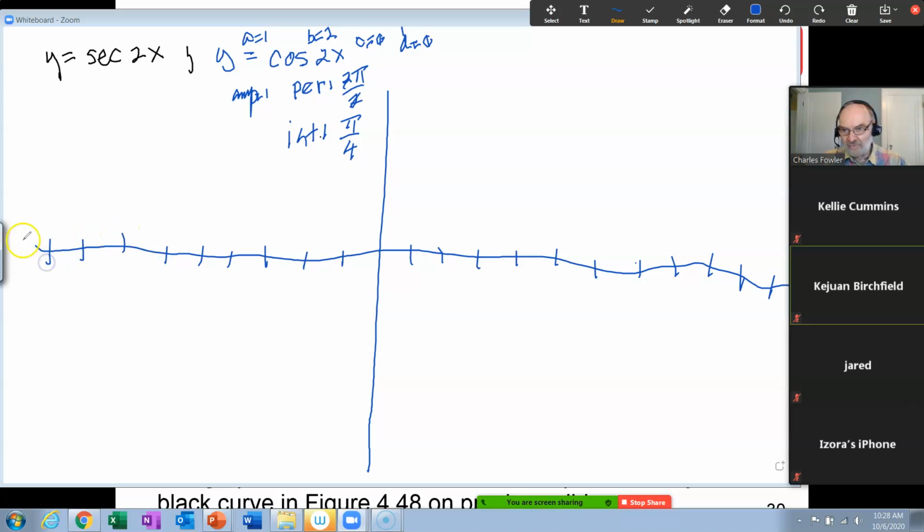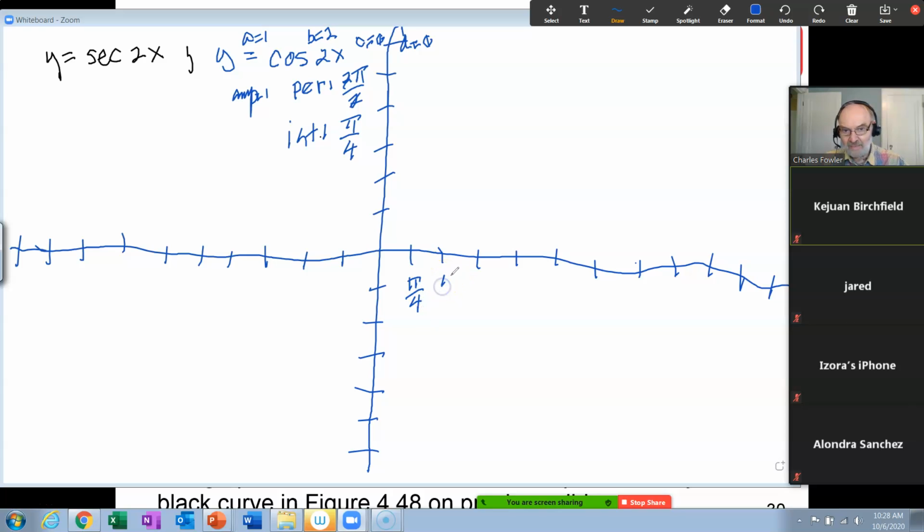I don't space them too well, do I? Okay. And we'll go up here. Okay. Now our interval, we don't have a phase shift, so the interval is just going to be pi quarters.